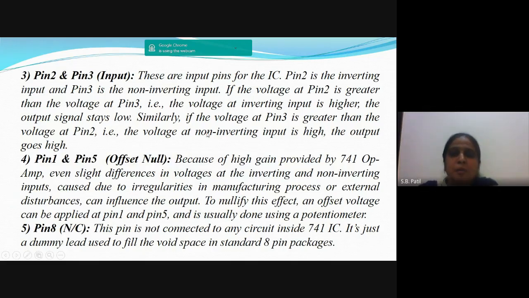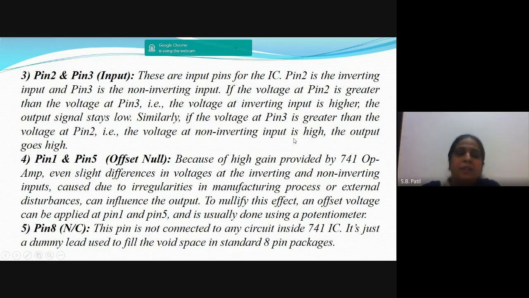If the voltage at pin 3, the non-inverting terminal indicated by the plus sign, is greater than the voltage at pin 2, the inverting terminal indicated by the negative sign, then the output goes high.